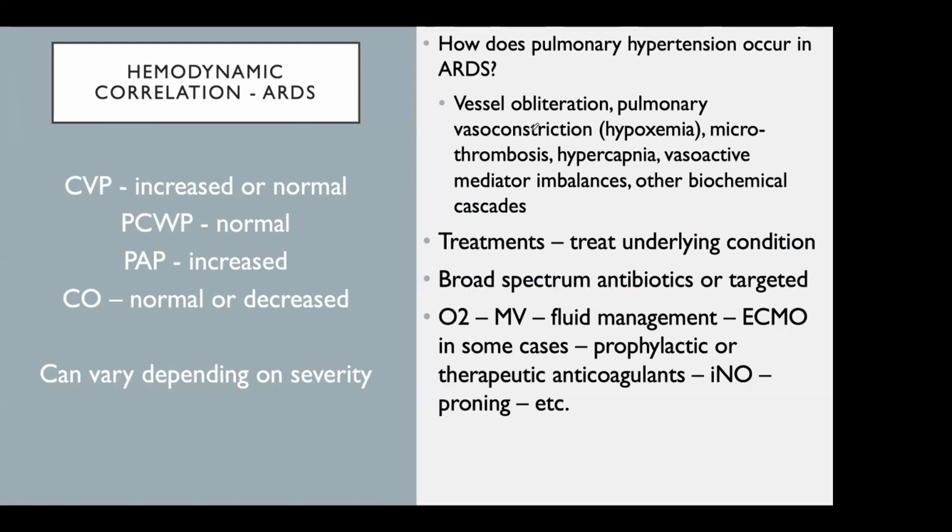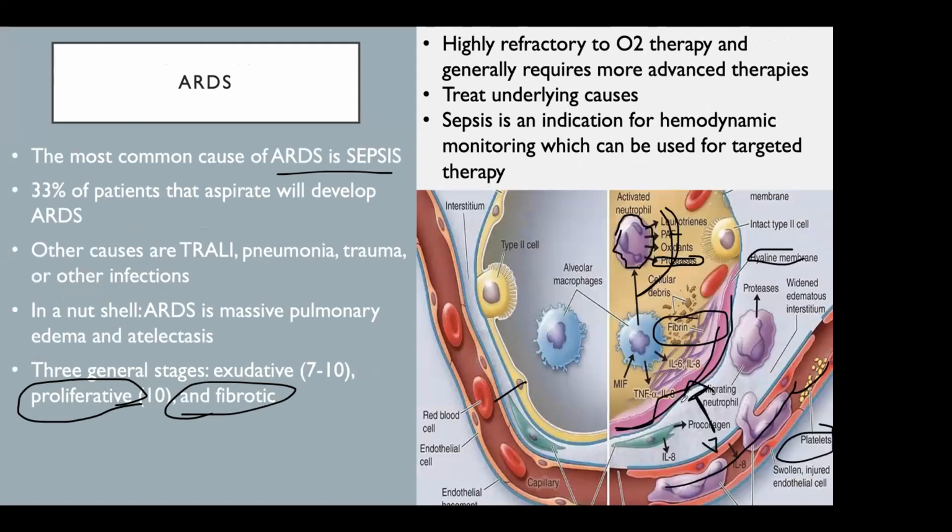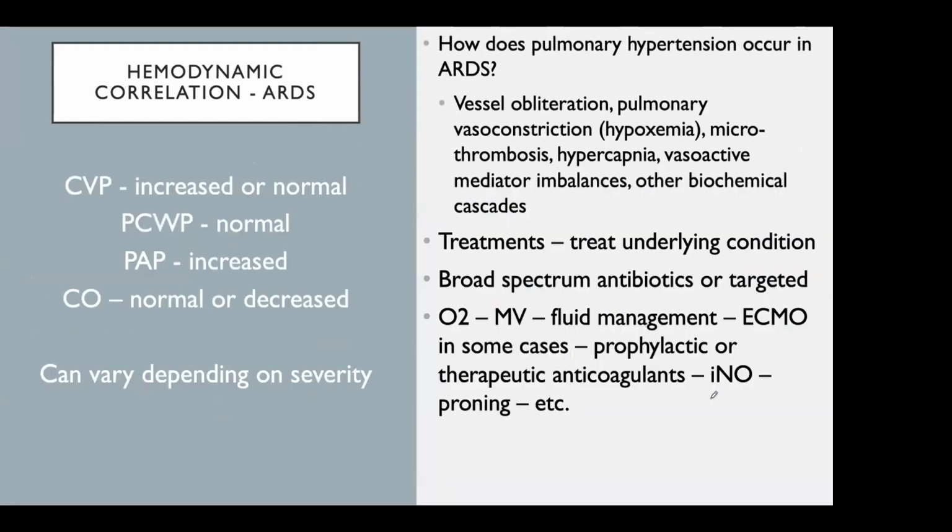or hypoxia. Microthrombosis, again, we look back at our picture here and we have all of these extra platelets, all this extra fibrin, all these extra busted up broken protein pieces, already blocked up, nasty little vessels.